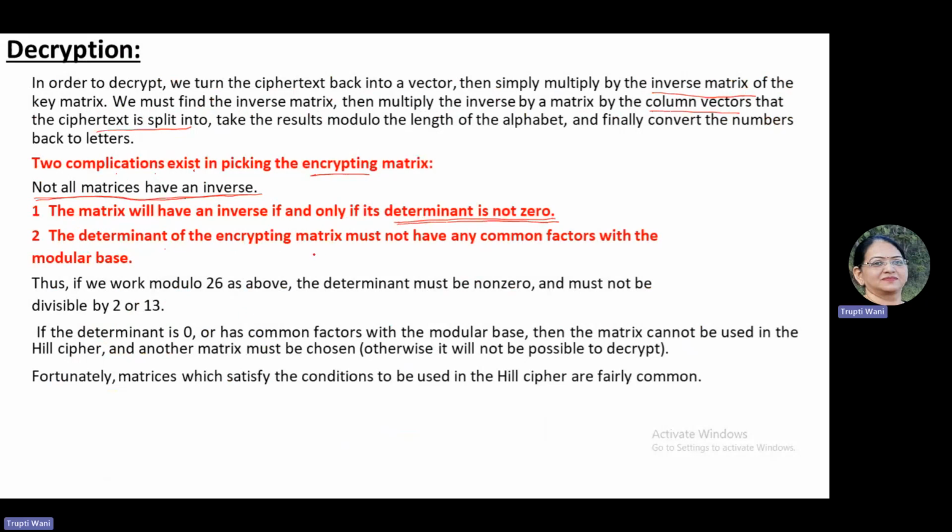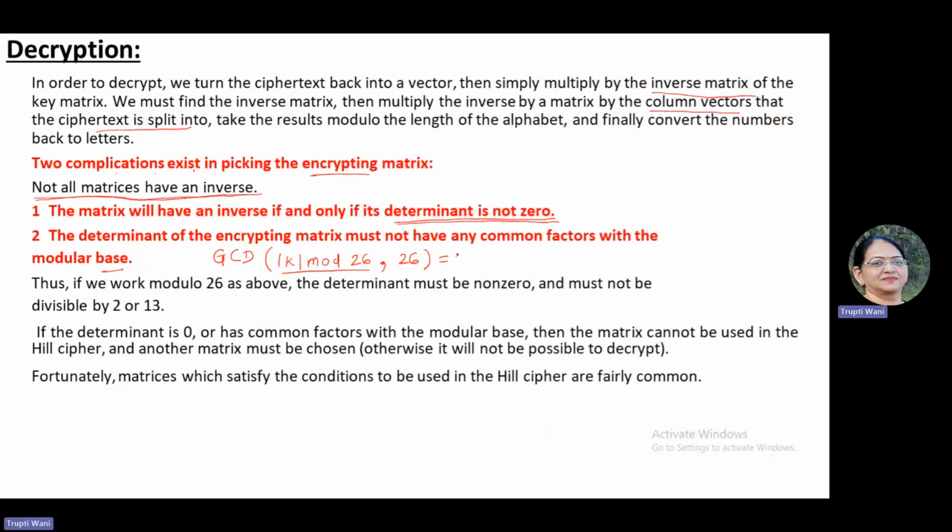The determinant of the encryption matrix must not have any common factor with the modular base. Meaning of this one is, if we are taking the GCD of the determinant of, for example, K, determinant of K mod 26 is one parameter for the GCD, comma 26.